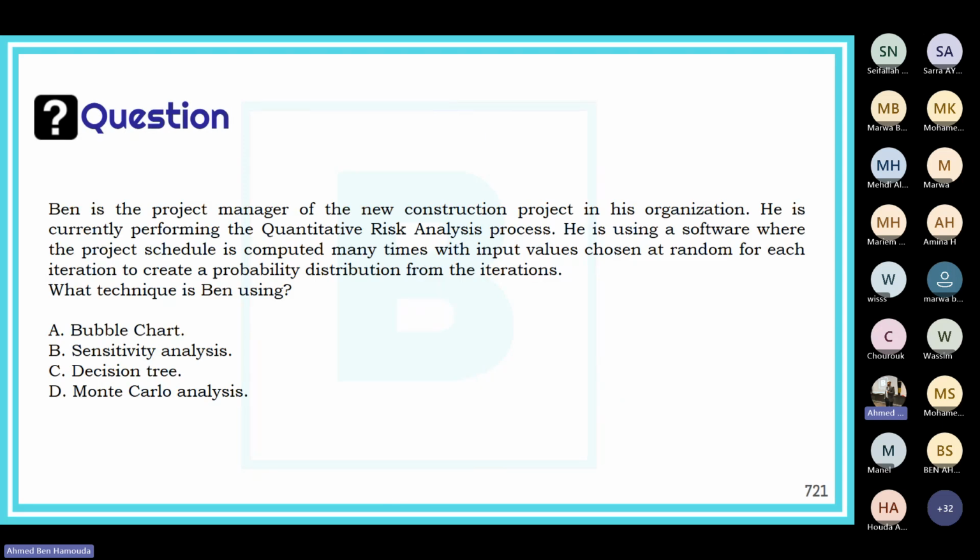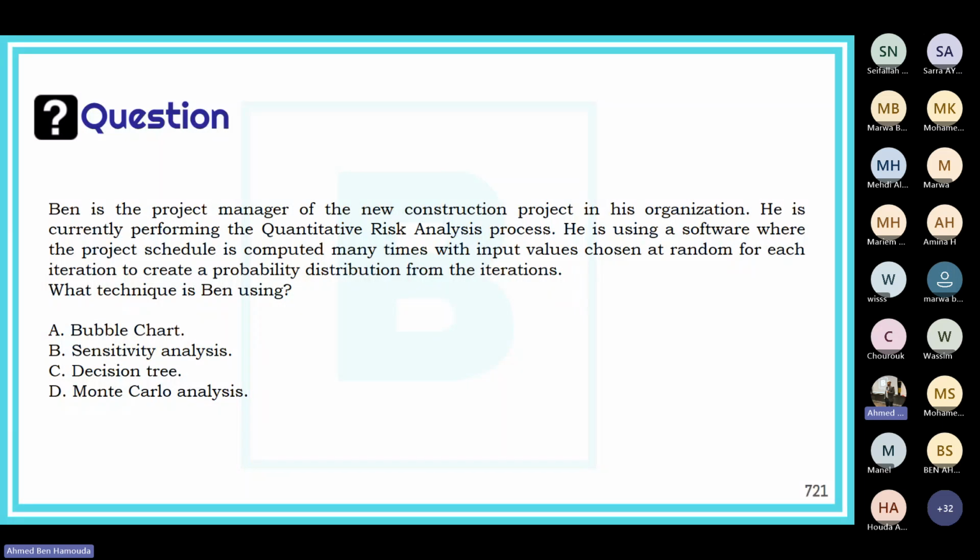Ben is the project manager of the new construction project in his organization. He is currently performing the quantitative risk analysis process. He is using a software where the project schedule is computed many times with input values chosen at random for each iteration to create a probability distribution from the iterations.